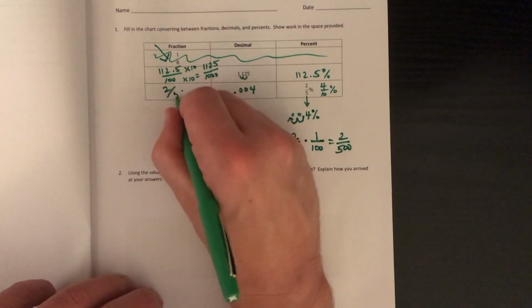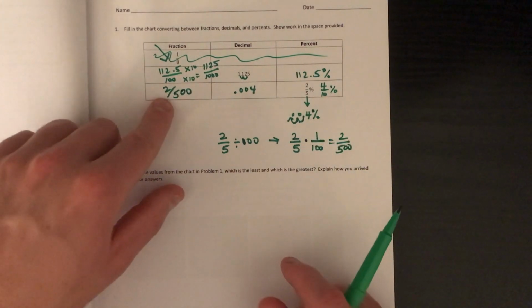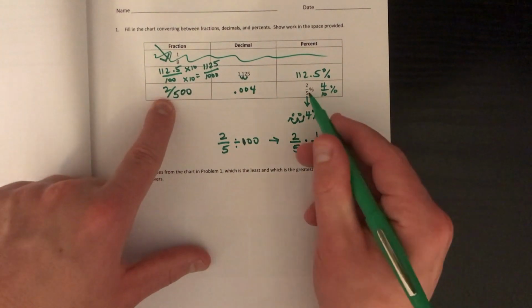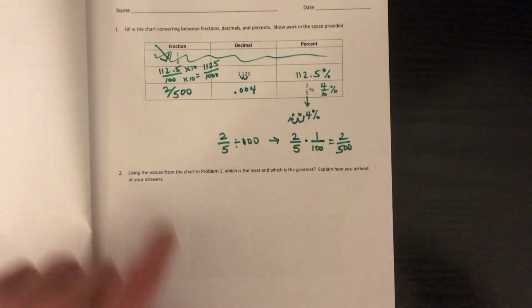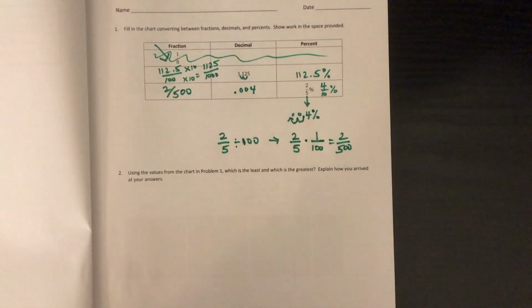In other words, when you want to change one of these fraction percents into just a regular fraction, you can just take that denominator and make it 100 times bigger, or multiply it by 100, and you'll have your actual fraction. All right, that's it for today.